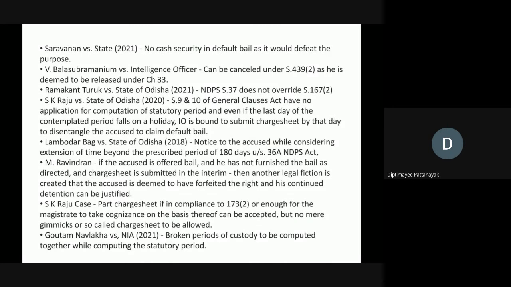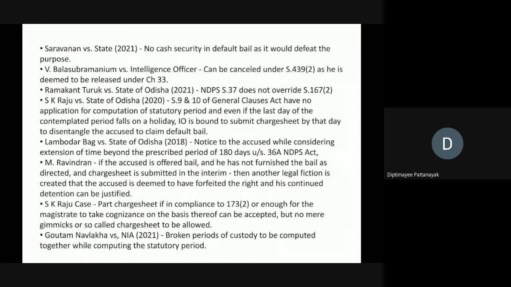Though of course there is no such term as preliminary charge sheet, if there has been a charge sheet filed in compliance with 173.2, even though it is not complete, and even though there are missing elements from the charge sheet, if it is in compliance with 173.2, then such charge sheet will be allowed, and that will disentitle the accused from being released on bail.